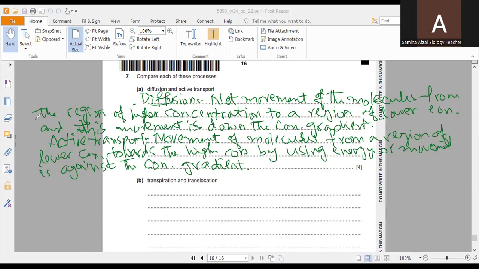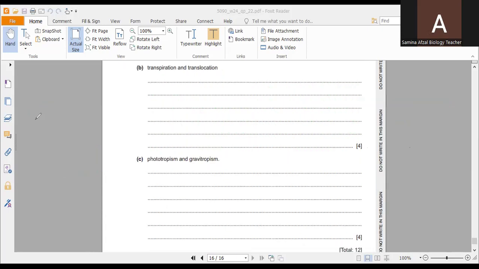Now the next is transpiration and translocation. Transpiration is the process of water movement through a plant and its evaporation from aerial parts.